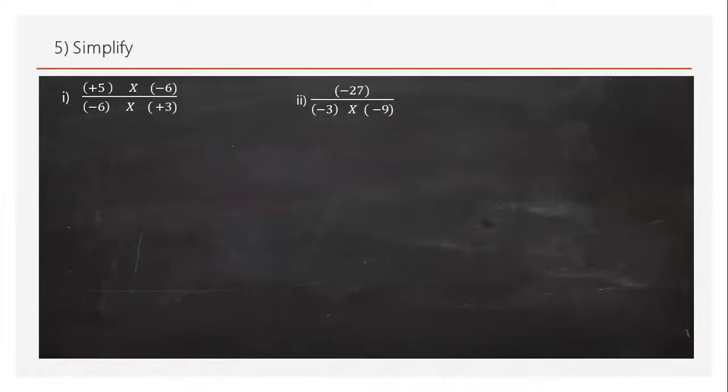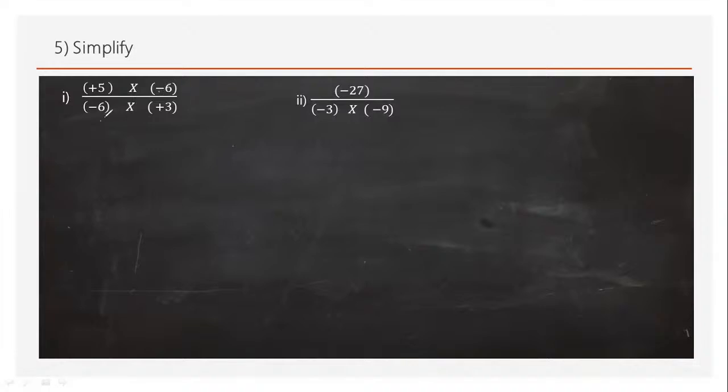Simplify, related to the directed numbers. Plus 5 into minus 6. That is easy for you, in between multiplication of these numbers. So check over the line and below the line. Over the line minus 6, below the line minus 6.